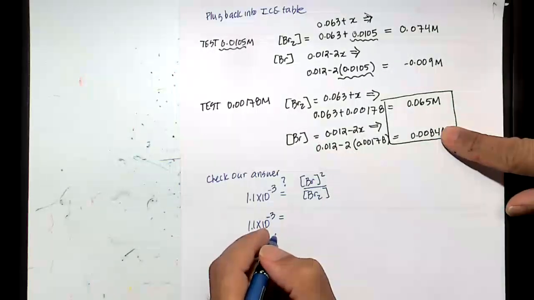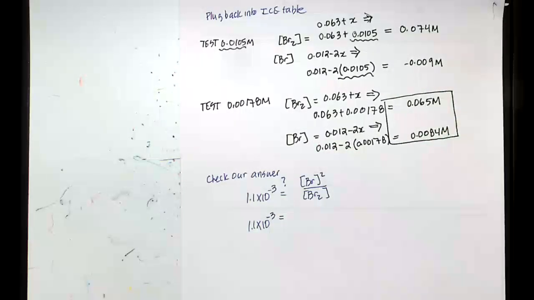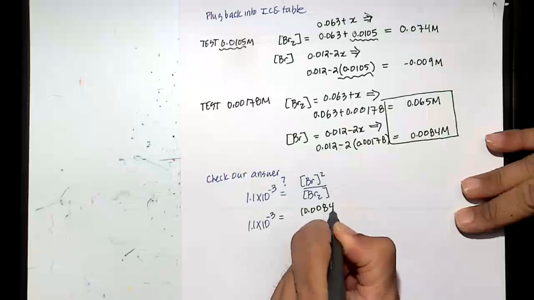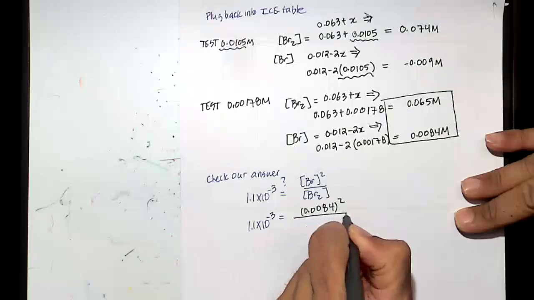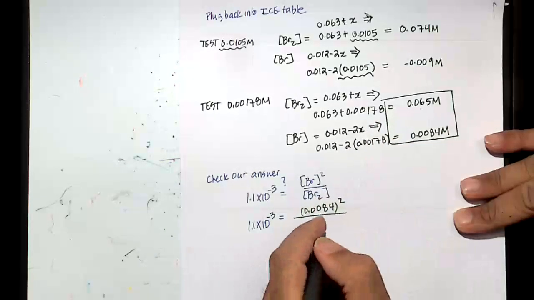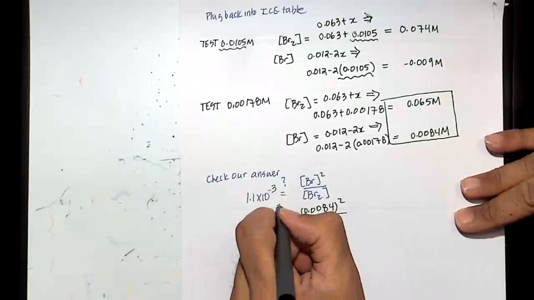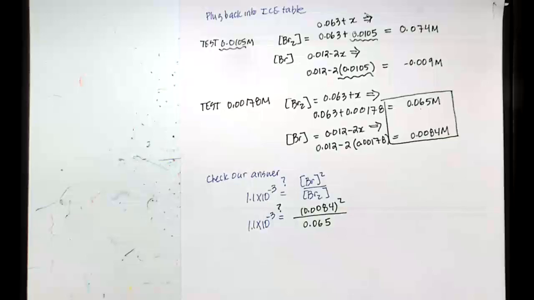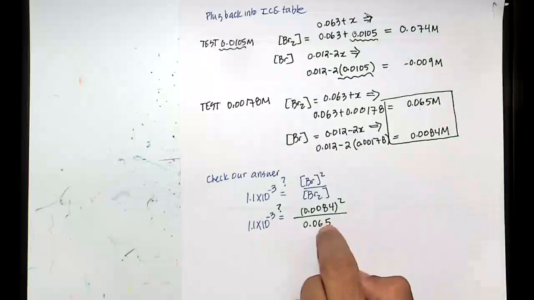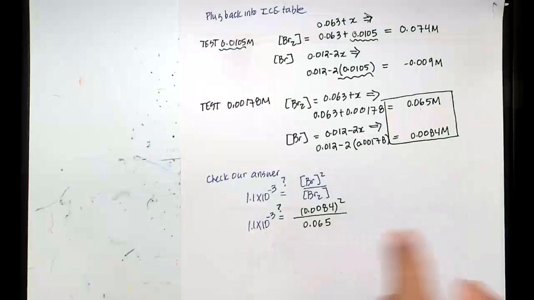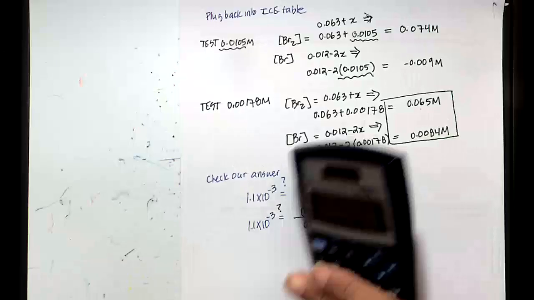So Br, which we have to square, is 0.0084 squared, divided by Br2, which we calculated to be 0.065. We're checking our final concentrations. If they truly are at equilibrium, they should equal the equilibrium constant according to the law of mass action.